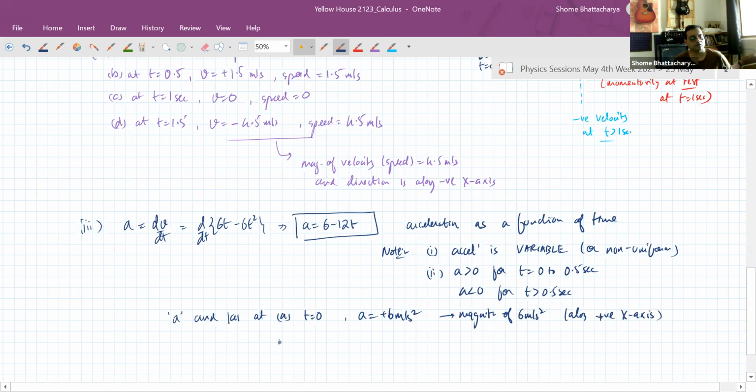At t equal to 0.5 seconds, acceleration is 0. At t equal to 1 second, the acceleration has become minus 6 meters per second square. So that means the magnitude of acceleration is 6, but the direction is negative x-axis.